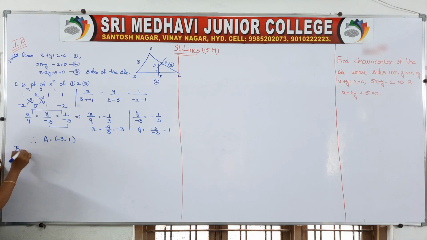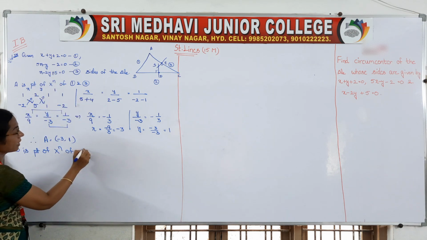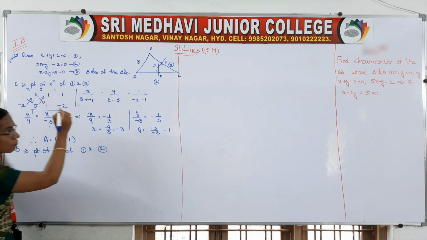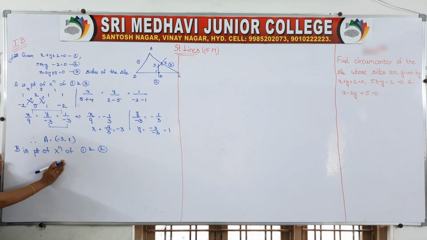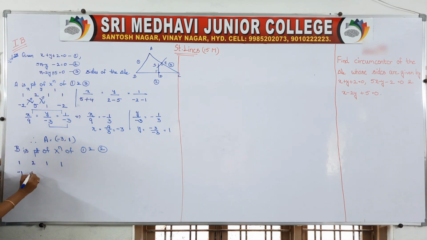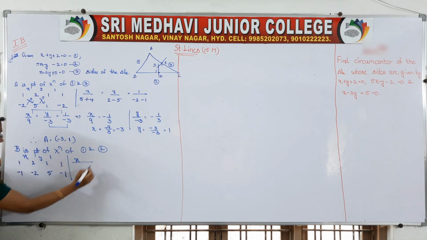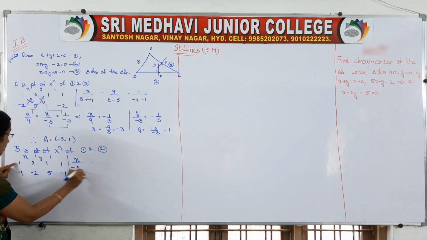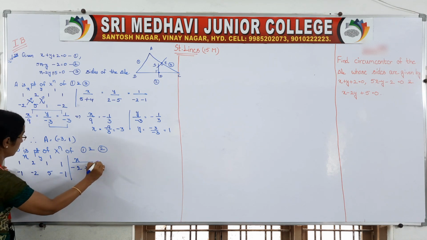Next, B is the point of intersection of AB and BC, that is the first equation and second equation. Carefully, for the first equation write the y coefficient, constant, x coefficient, y coefficient. For the second one, y coefficient minus 1, constant, x coefficient, y coefficient. So x by, it is minus 2, minus of minus is plus 2.